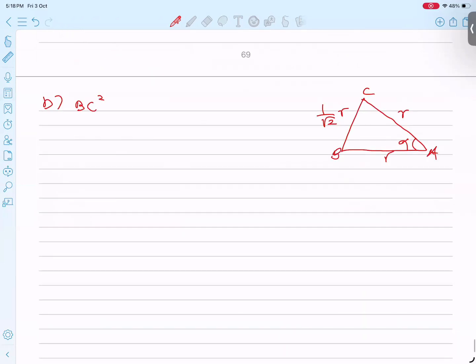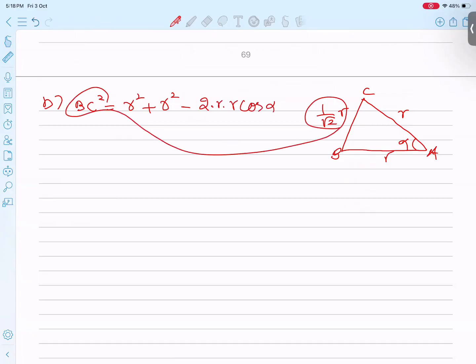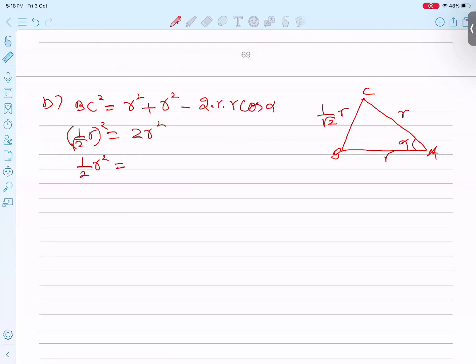So what is the formula? BC squared equals R squared plus R squared minus 2 times R times R times cos of the angle. When I plug in, R squared plus R squared gives 2R squared. Here I plug in the value, BC squared becomes 1 over 2. So 1 over 2 equals 2R squared minus 2R squared cos alpha. What is common? 2R squared is common, and 1 minus cos alpha is left behind.